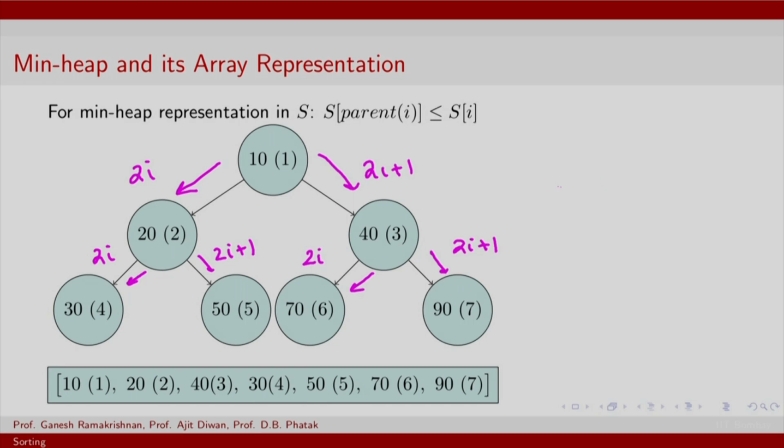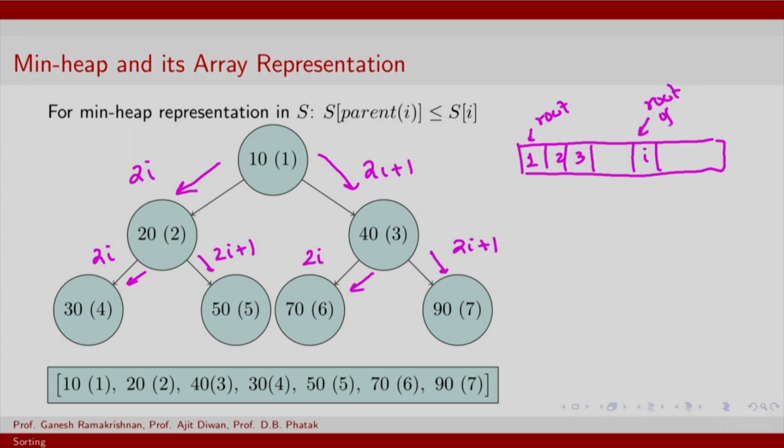So the basic idea is as follows. The root of the entire tree will be at the first position, position 1. Its children will be at positions 2 and 3, and in general, for an element with index i, which is basically the root of some subtree, its immediate children will be at positions 2i and 2i plus 1.